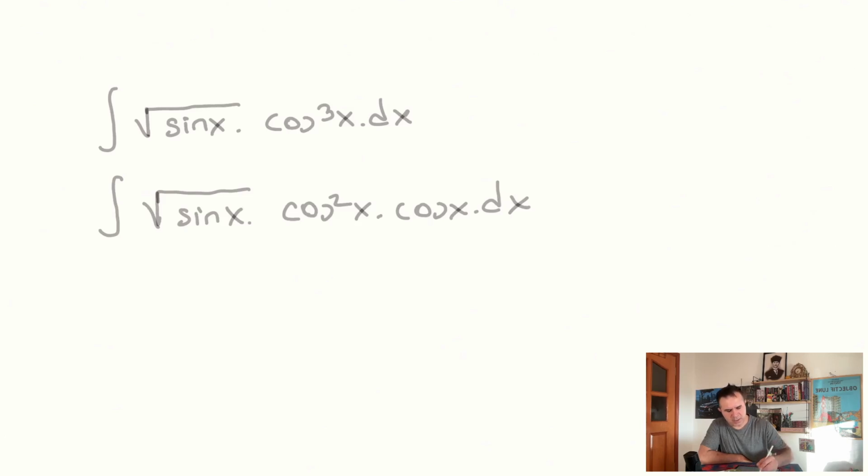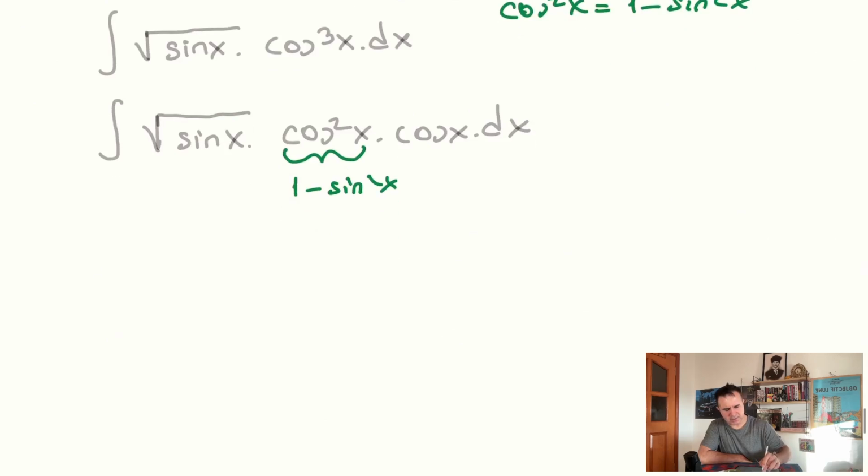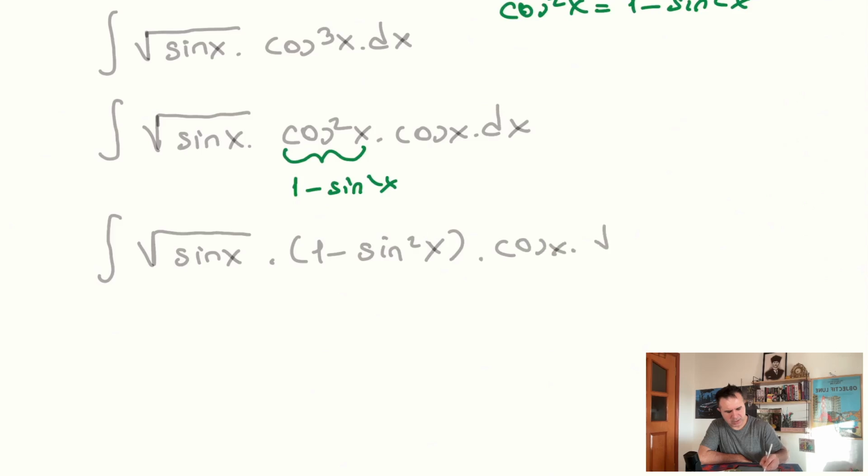And we know that cosine square of x is equal to 1 minus sine square of x. So I can rewrite this part as 1 minus sine square of x. Then the integral becomes square root of sine x times 1 minus sine square of x times cosine x dx.